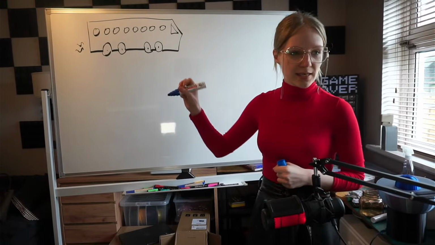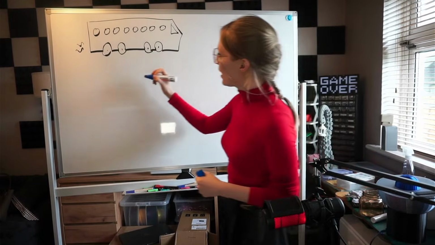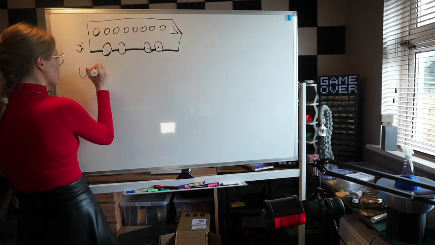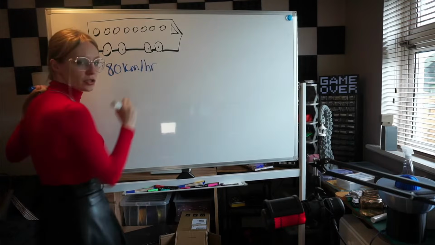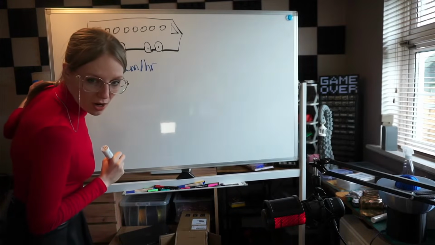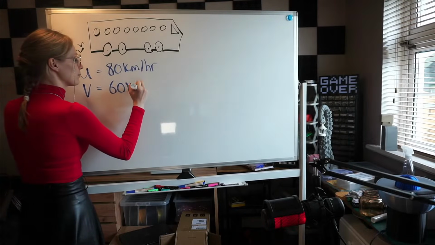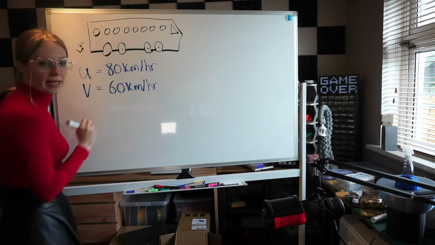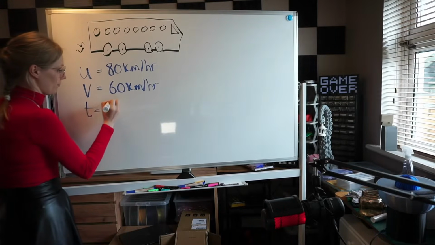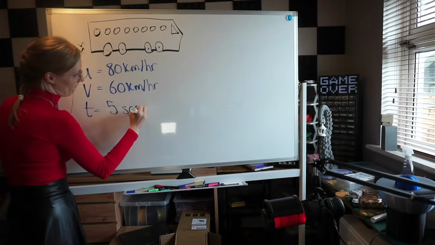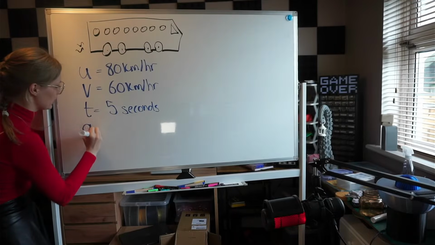The wheels on the bus go up and down, and it decreases its speed from 80 kilometers per hour, so the initial velocity is 80 kilometers per hour, to its final velocity of 60 kilometers per hour, in a time of 5 seconds. Okay. And the question asked, what is its acceleration?